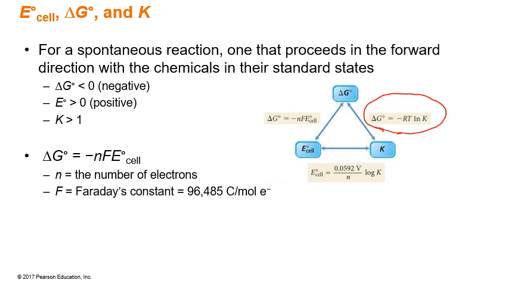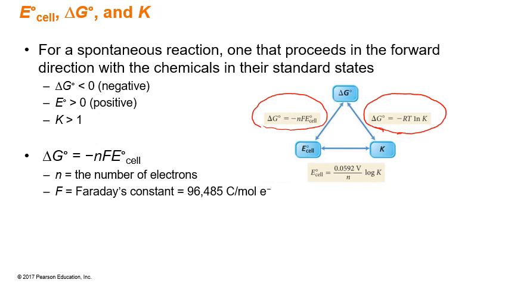We have a similar relationship that relates Gibbs free energy to our cell potential that has to do with the number of moles of electrons and Faraday's constant. And so we've got n, the number of electrons, and Faraday's constant, which is 96,485 coulombs per mole of electrons.